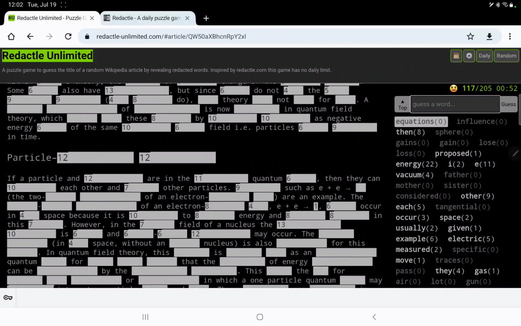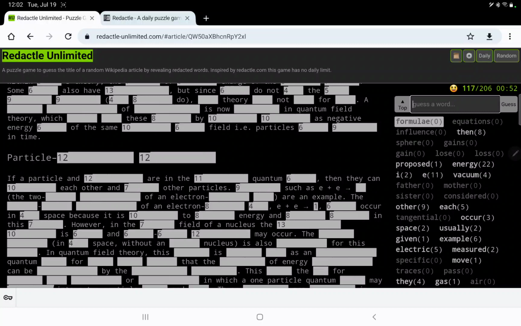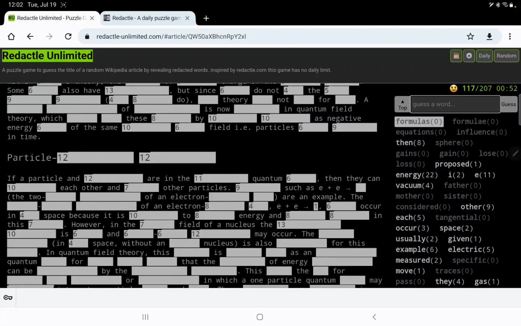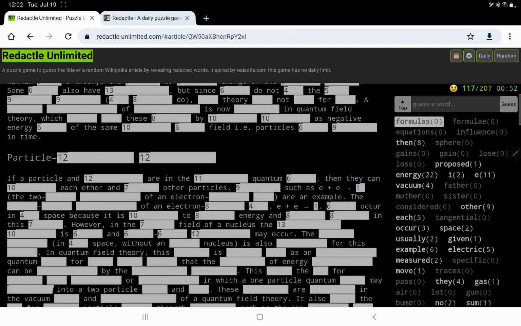Equations, formulae, formulas, no. Something such as E plus E, so that's one of our things, goes to something.